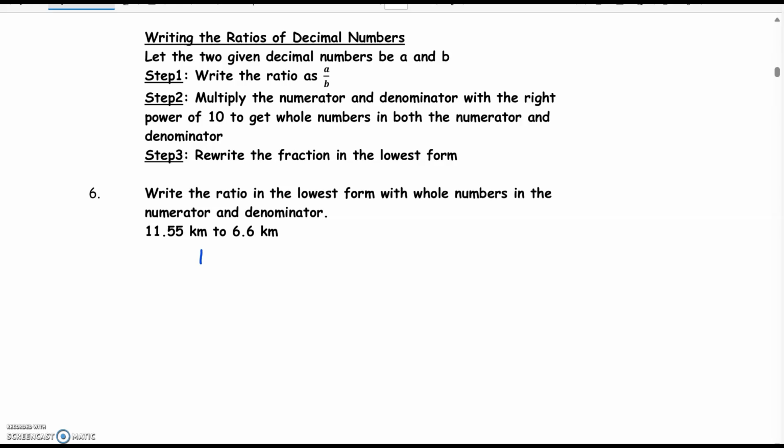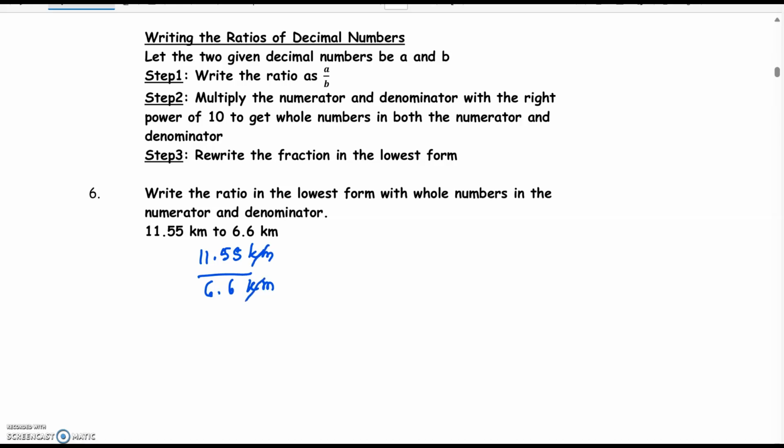So we have 11.55 kilometers to 6.6 kilometers. So the numbers are given in the form of decimals, but we want to simplify the ratio and write it in terms of whole number, numerator and denominator.